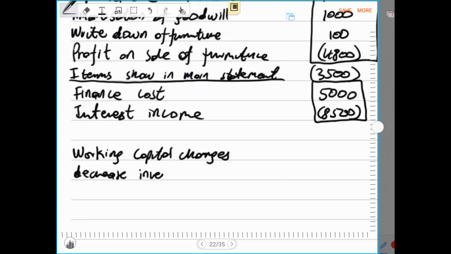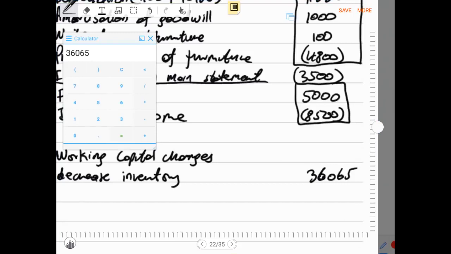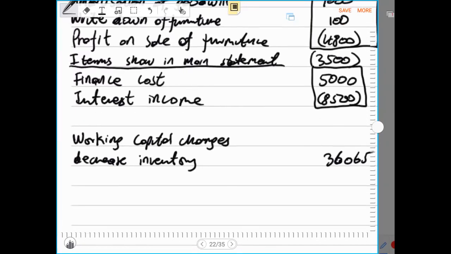And we say decrease in inventory, and that will be 36,065. And if money was received, therefore now this will be recognized as positive cash received for the operation of the business, which is inventory decreasing because of sales.